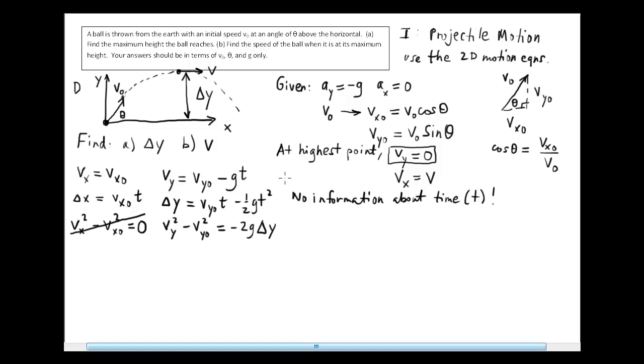I could, if I wanted to, use this equation, but it would involve t, and then I would have to do something to find t in this equation over here, or maybe in this equation up here, and combine them. That strategy might work. It might give me the right answer, but it would involve more work than just using this one directly. So the plan here is to use the Vy squared equation to solve for delta y. That's my plan.